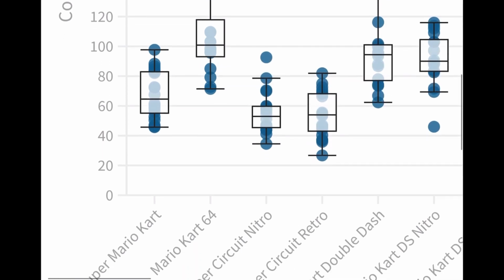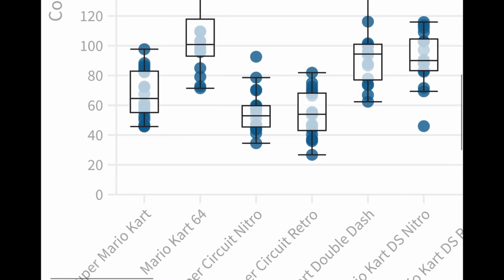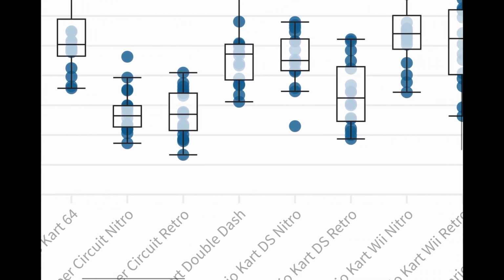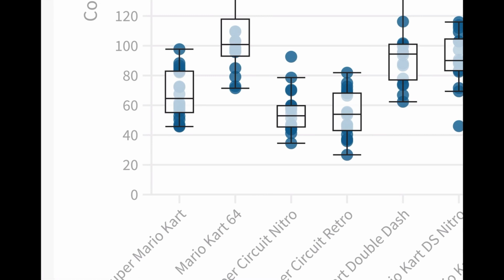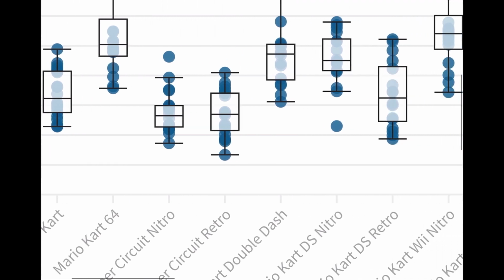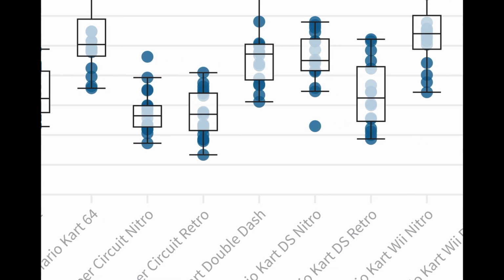Moving on to Mario Kart Super Circuit Nitro. In this dataset, apparently it turns out the retro courses in general seem to be slightly longer, despite the retro courses being shorter than the original Super Mario Kart courses. Look at the longest Super Circuit Nitro track, and also the longest course in the game.